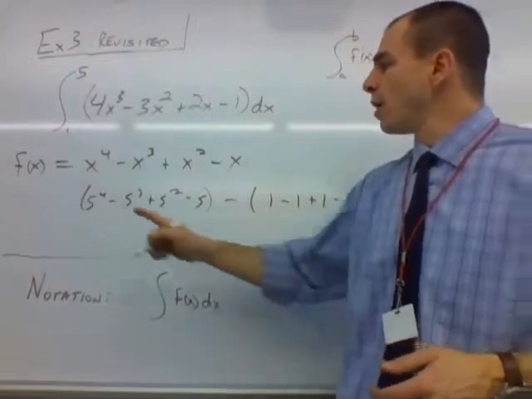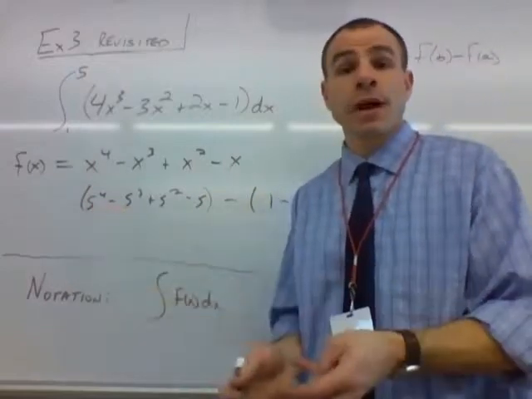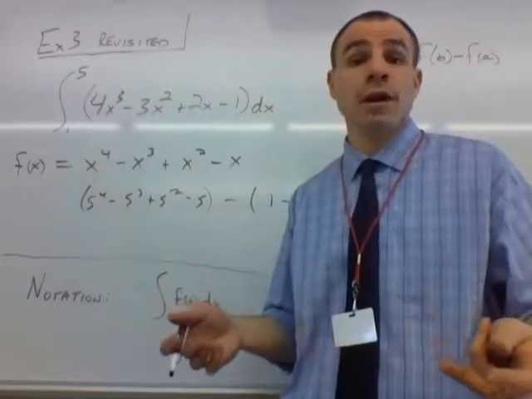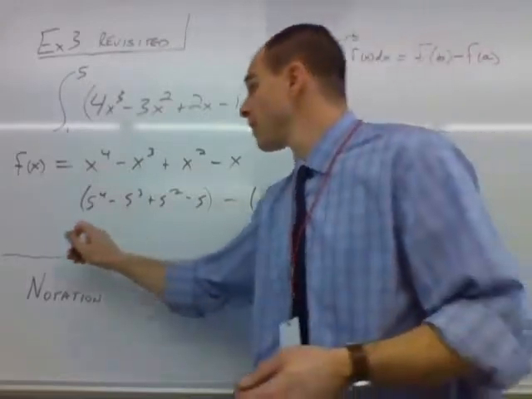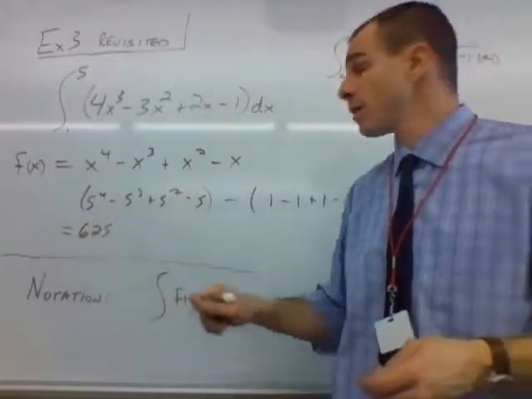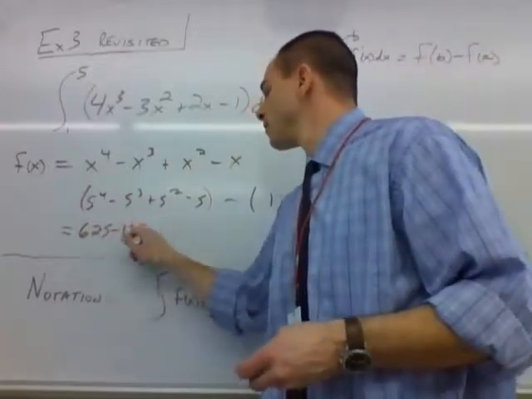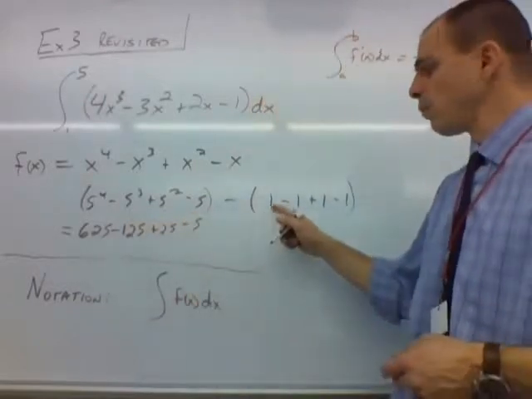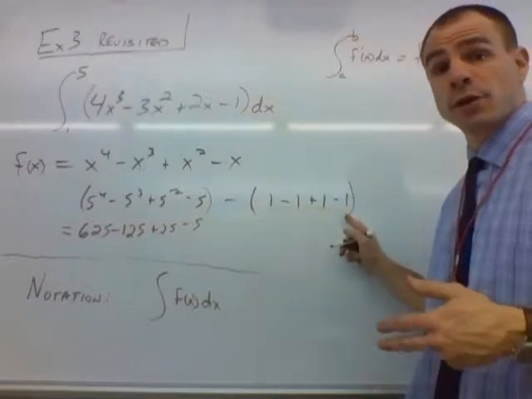What are our values here? 5 to the 4th is the same thing as 5 squared, squared. What's 25 squared? 625. Use your calculators on this. 5 cubed, remember that from MCAS, that's 125. 5 squared, we know what that is. And then we have minus 5. Over here we have 1 minus 1, which is 0, plus 1 minus 1, which is another 0.